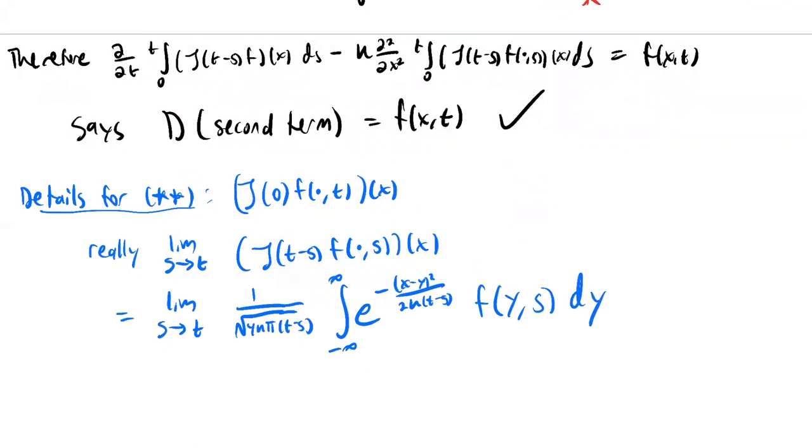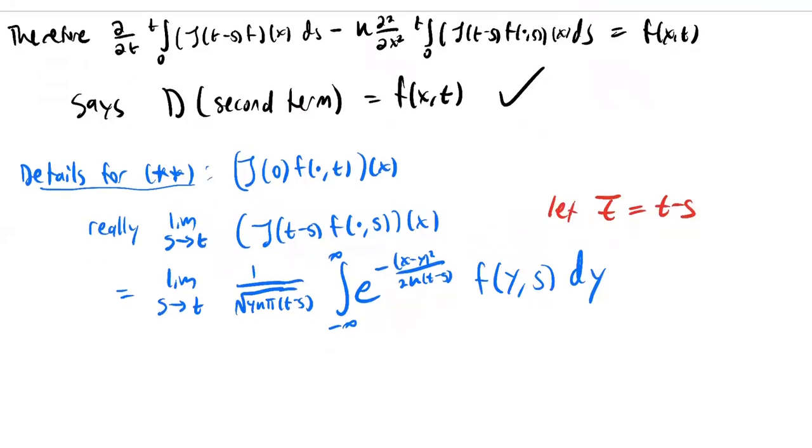And so what I'm gonna do is, well, let t bar equal t minus s, right? And so if I do that, then this becomes limit as t bar goes to 0. This becomes t bar, and this term also becomes t bar. And then s becomes t minus t bar, right?